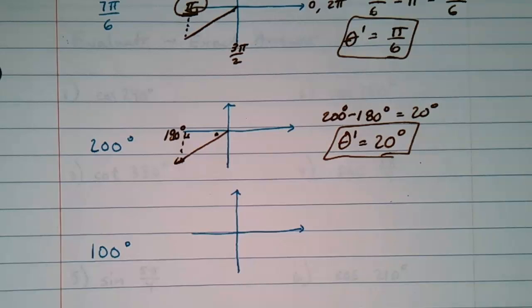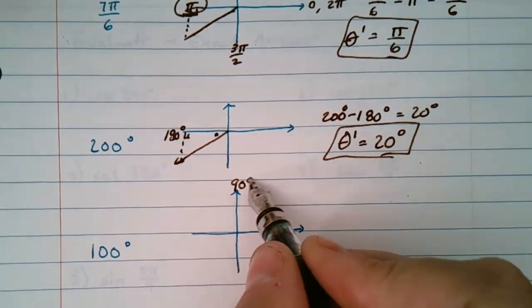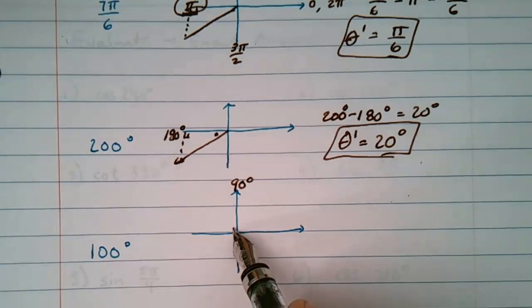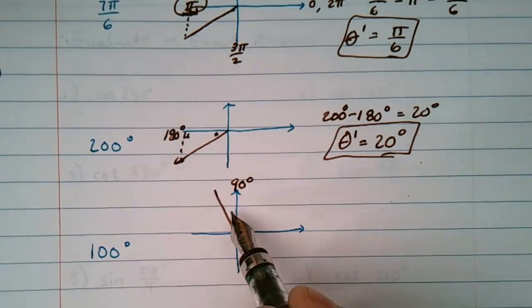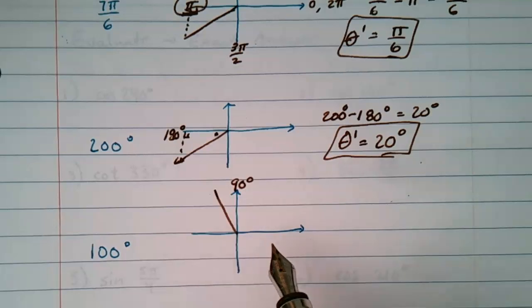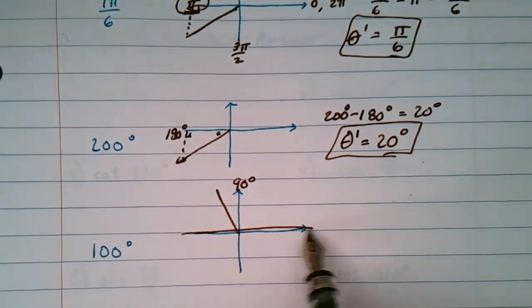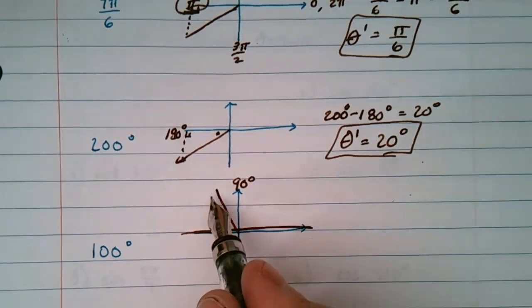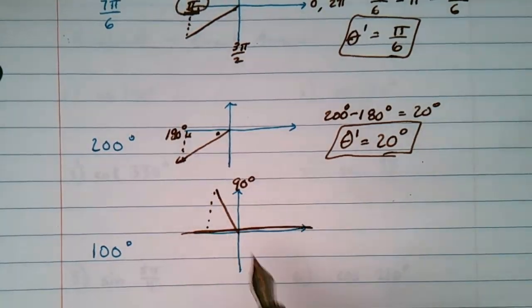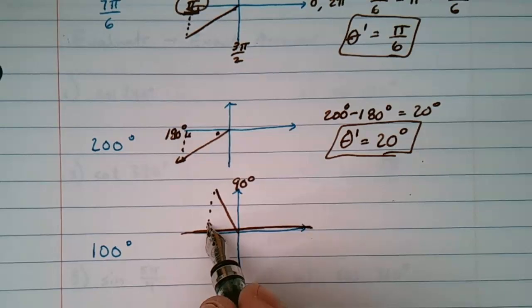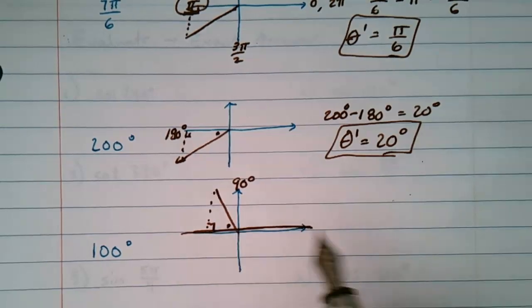What if I had 100 degrees? Well, again, this here's 90. So 100 degrees is going to be in quadrant 2, just a little past 90. Where is the nearest x-axis? The nearest x-axis is going to go like that. Ta-da. And we're looking for that angle right there.